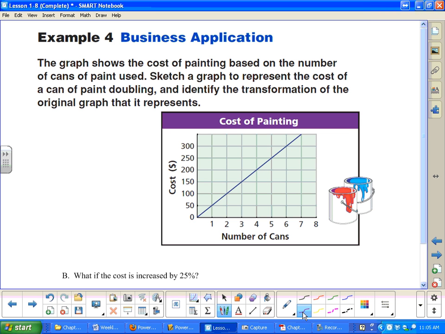So if we had a y value of 50 here at 1, it would now be 100. At 2 is 100, so that would be 200. At 3, it was 150, so that would be 300. And then I can draw my line that goes through them.